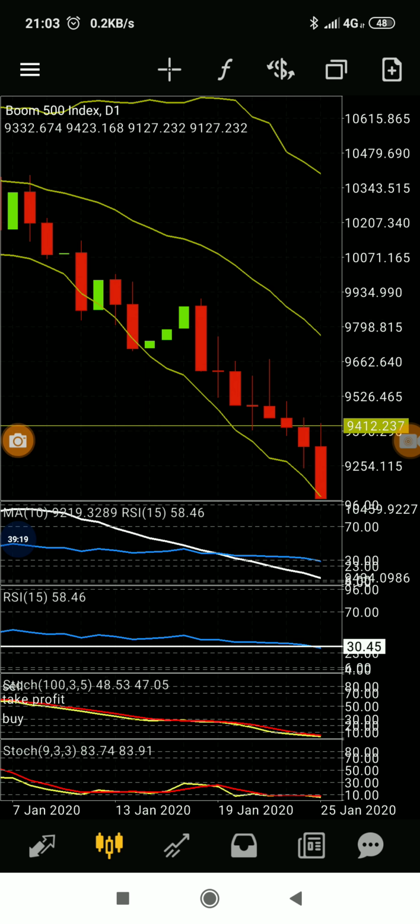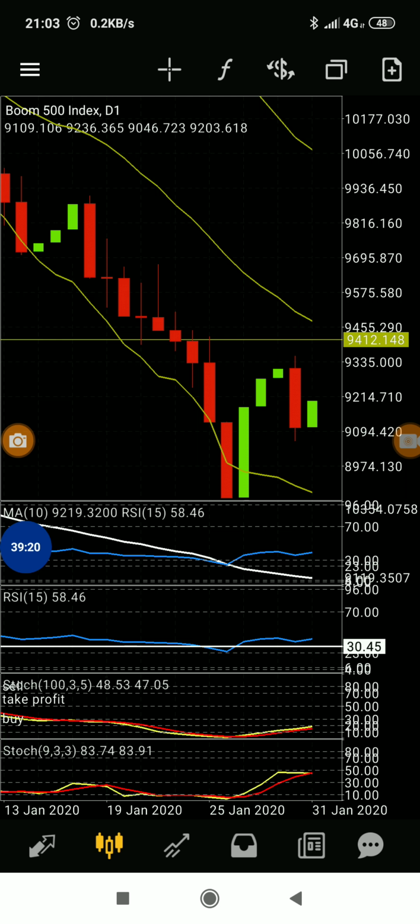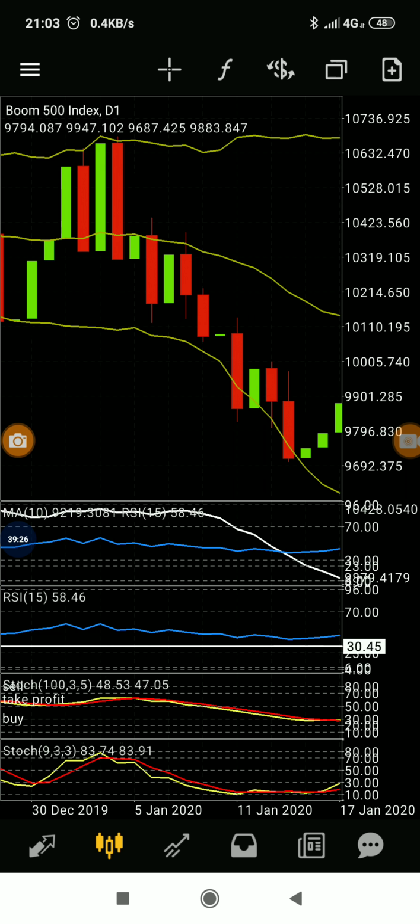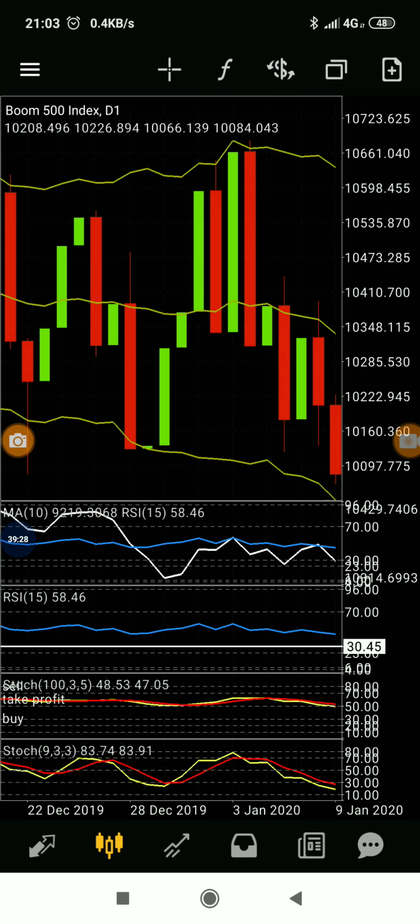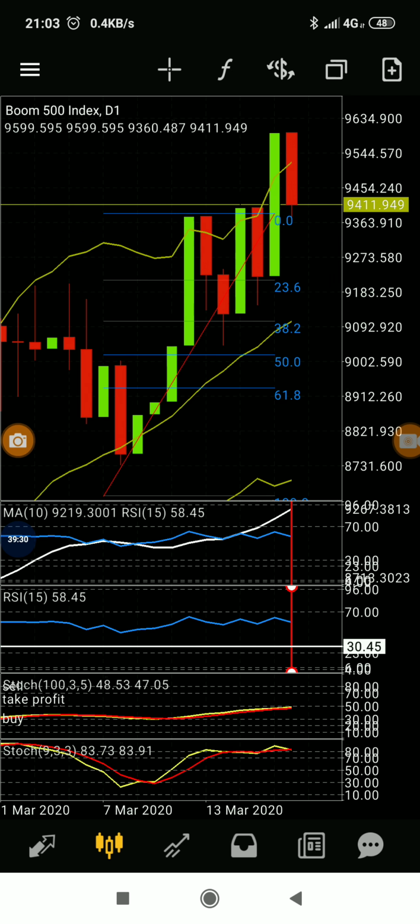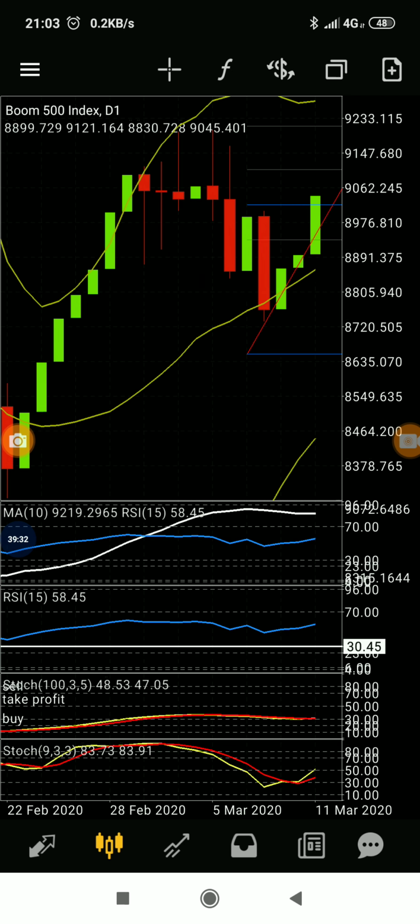Here is indicating ranging. You can see here ranging, no direction. That is the best environment to buy Boom, and also a good environment to buy Boom is maybe you are on a major support.